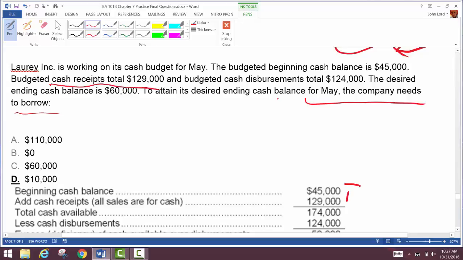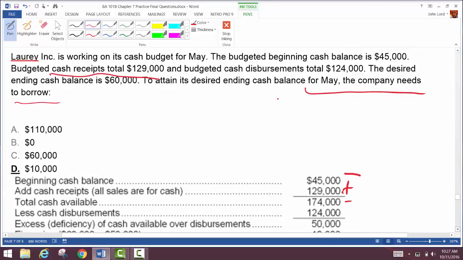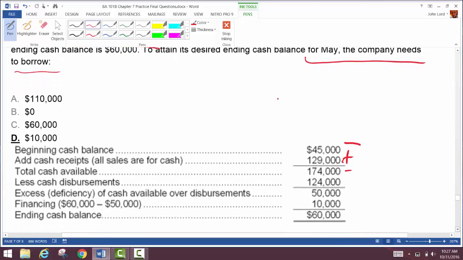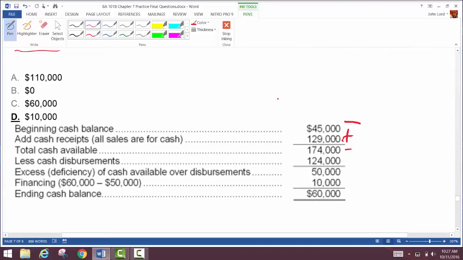Yeah. Okay, good. So we add in the cash receipts. And with that, you get 174,000. Okay. And then that's total cash. Then subtract the cash disbursements. Good. So the problem gave us cash disbursements of 124. Yeah. Okay, so we're going to subtract those. And then you get 50,000.